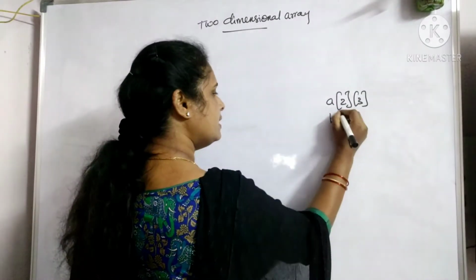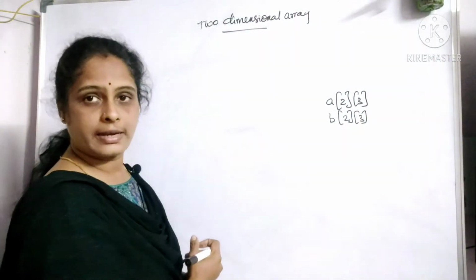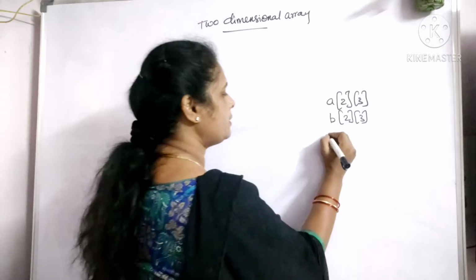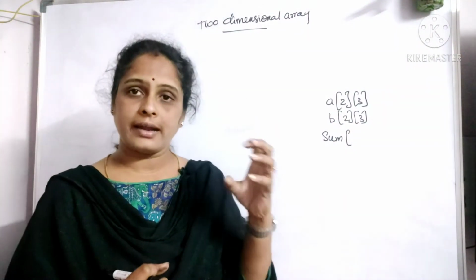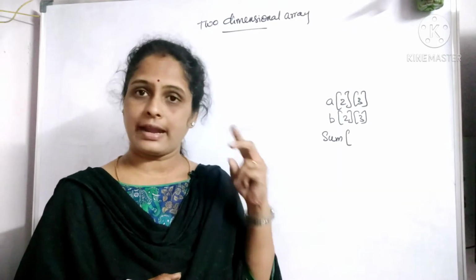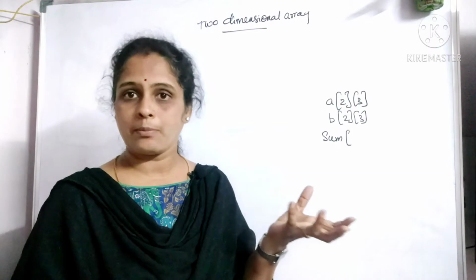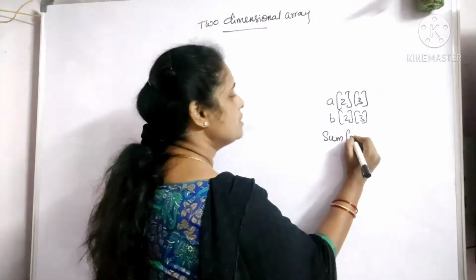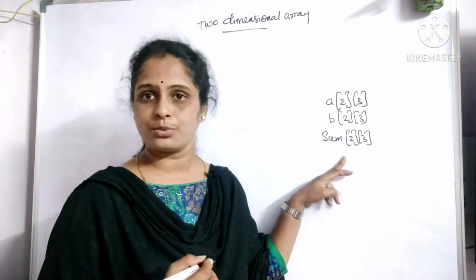In the same way let me take B also a 2 cross 3 matrix, and I want the sum of it. Obviously when I add two 2 cross 3 matrices, the sum also will be a 2 cross 3 matrix. So let me create one more sum matrix, a two-dimensional array.